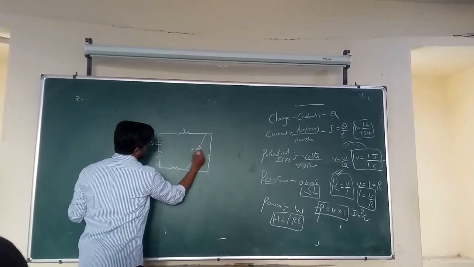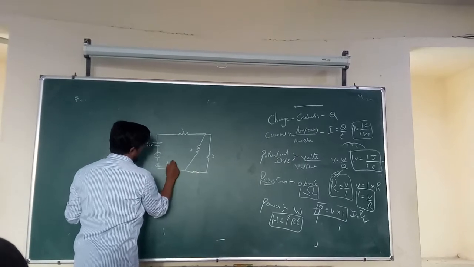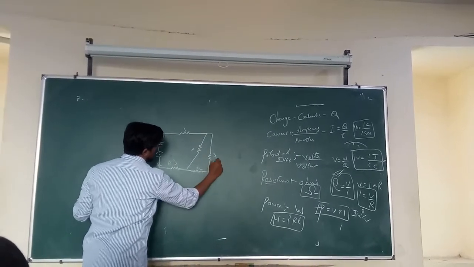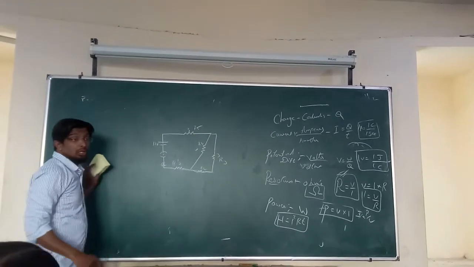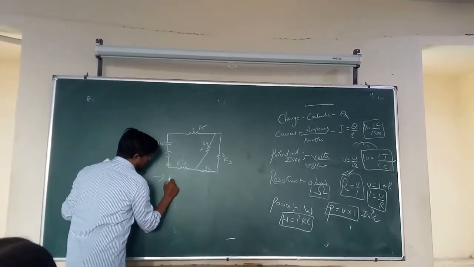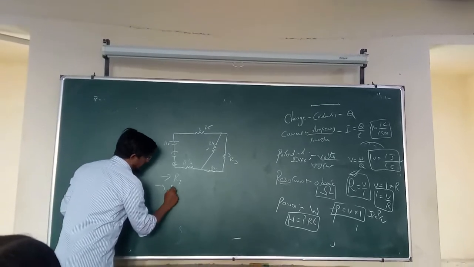It's 3 ohms, 3 ohms, 3 ohms, 3 ohms: R1, R2, R3, R4 and R5. They'll ask for total resistance or combined resistance. They'll ask for current, total current.